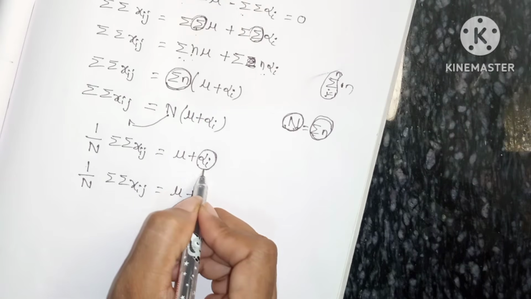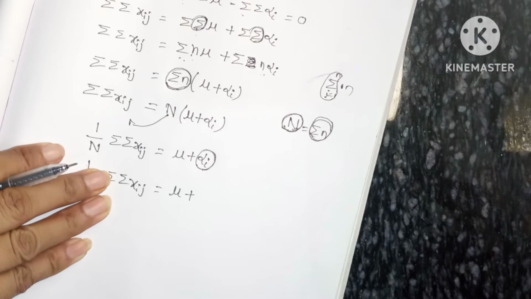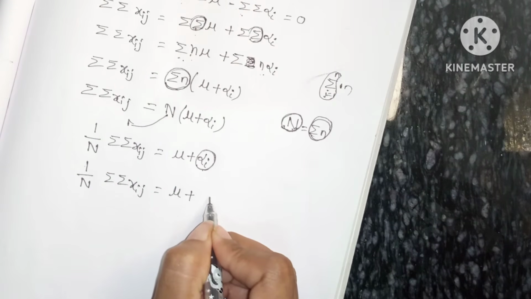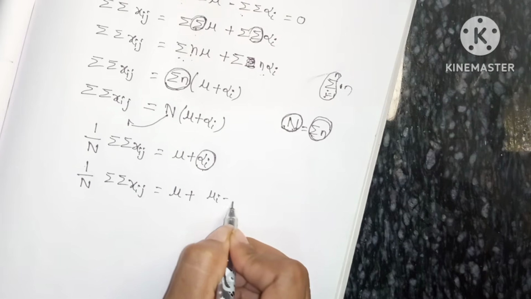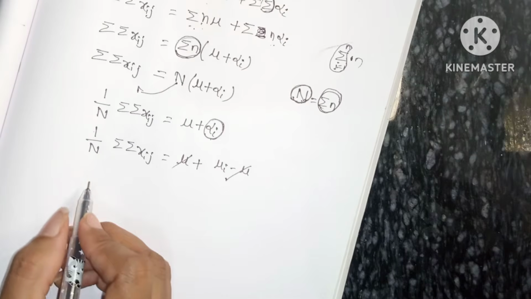This is the additive effect we considered at the start of this video. We considered alpha I to be nothing but mu I minus mu. So both the values get cancelled.